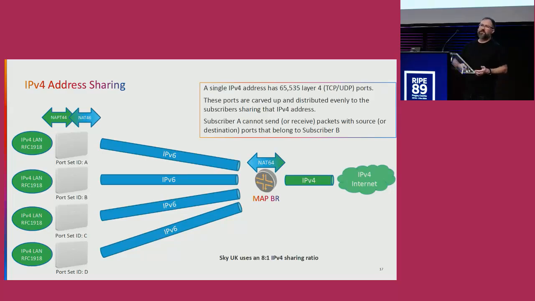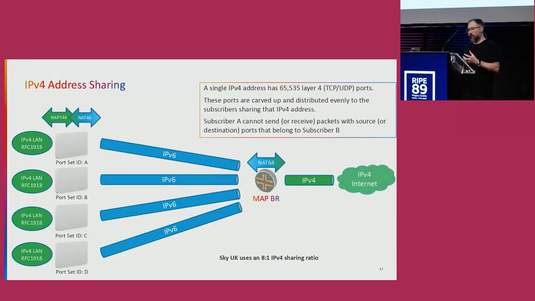So MAP-T being stateless is great because it allows us to use cheaper, more scalable hardware. It allows us to use anycast for resiliency and ECMP for load balancing. But to get that statelessness, the complexity has been removed from the forwarding plane, and it's had to go not into the control plane, but into what I call the administrative plane.